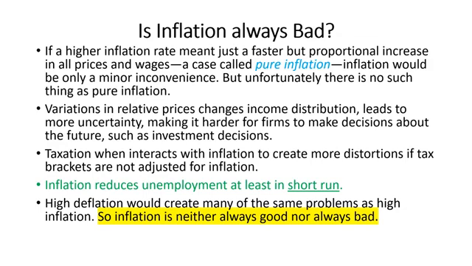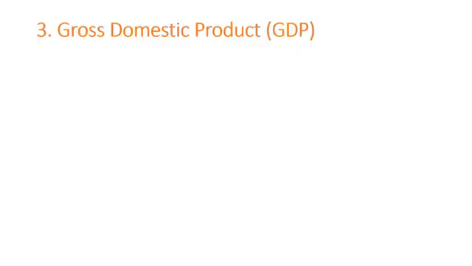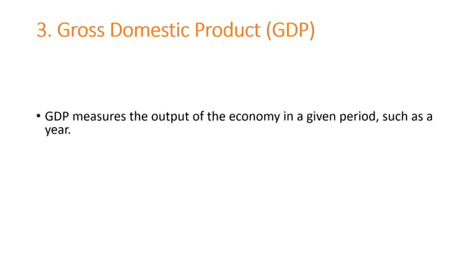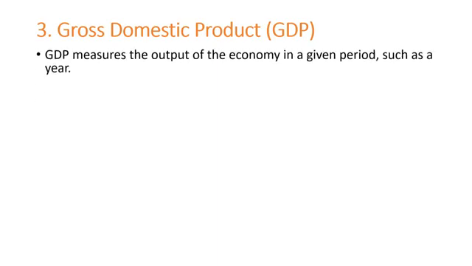The third basic concept is gross domestic product, or GDP. GDP measures the output of an economy in a given period, for example, in a year, in a quarter, or in a month.